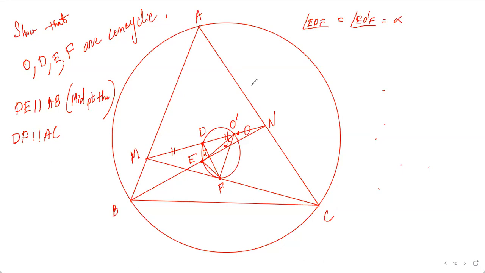Now these parallel lines will help me to trace some angles. Look at angle EDF, the alpha. Now, can you also prove that the angle at the vertex A is also alpha?